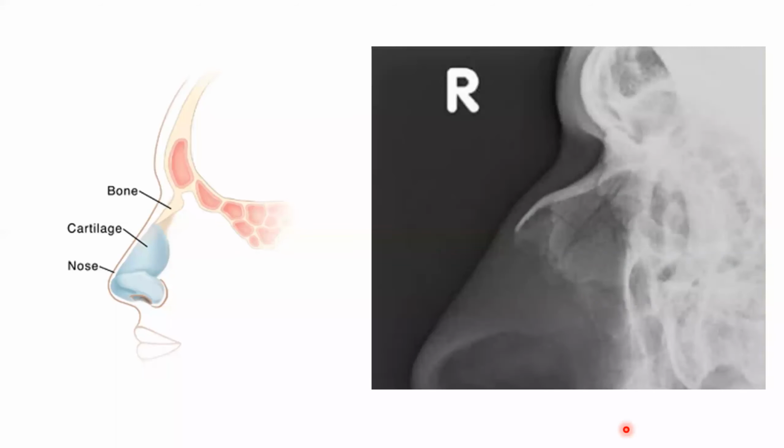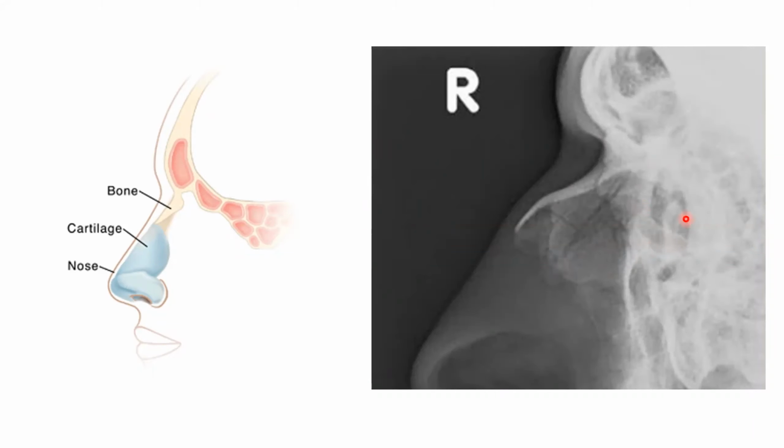Now, we have seen in the previous lecture that this is the bony part of the nasal septum, and this is the cartilaginous part of the nasal septum, and the perpendicular plate of the ethmoidal bone, which is behind. You can see this is the vomer bone.